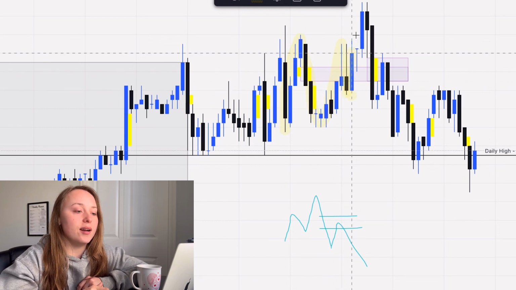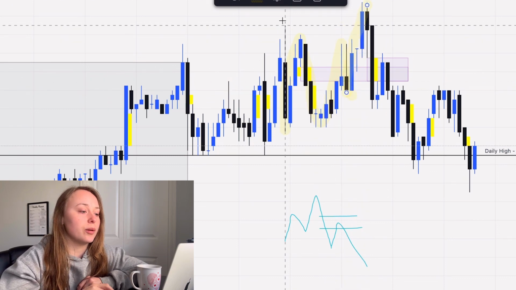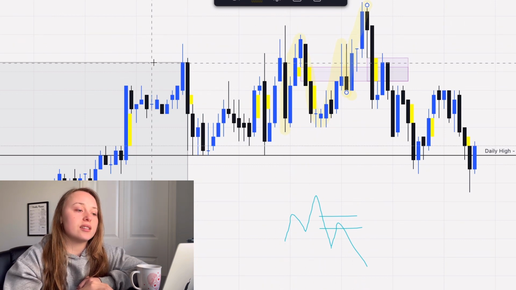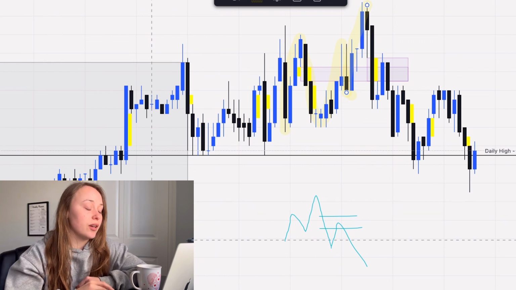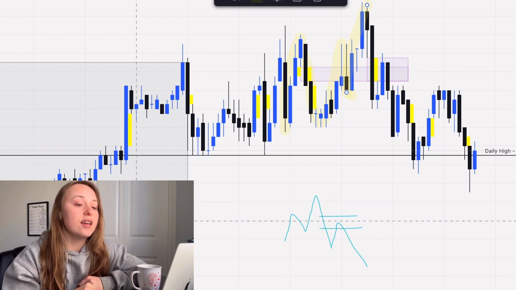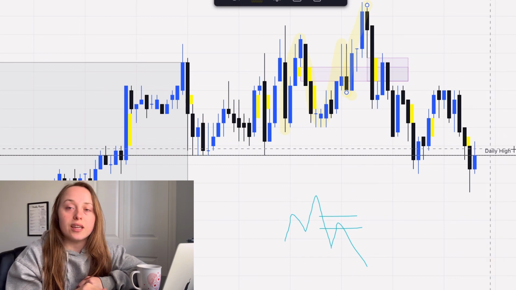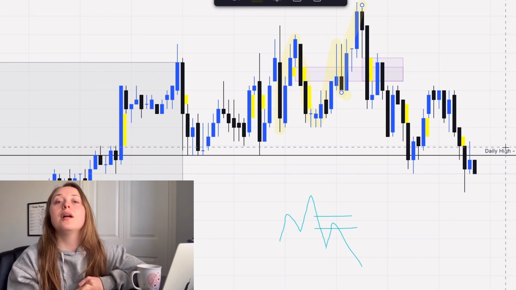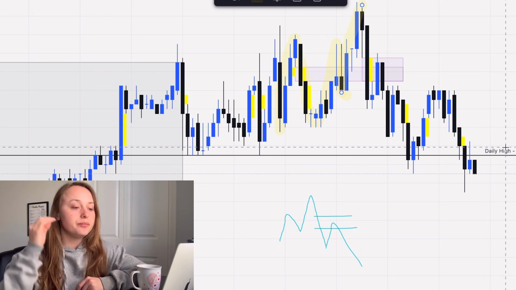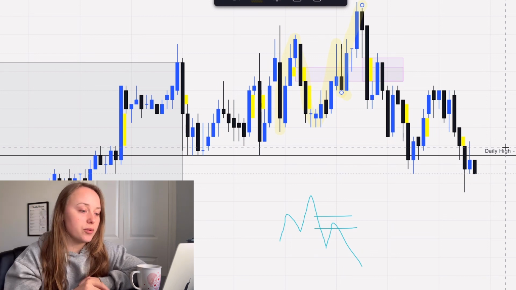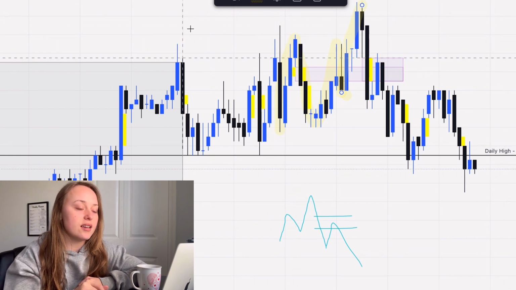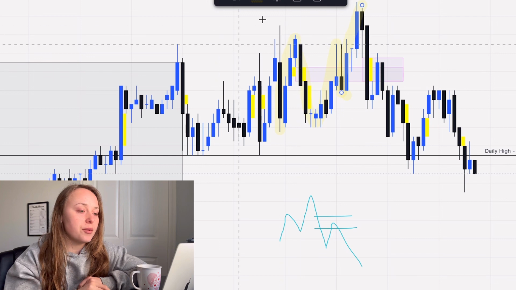We come back up, take out this area of liquidity, and of course our daily bias would be shorts because we'd like to see the opening range gap filled in. And we already took out daily equal highs, so that's important. We already took out a higher time frame area of liquidity, and we have multiple lower time frame areas of highs, so there's liquidity resting above that.